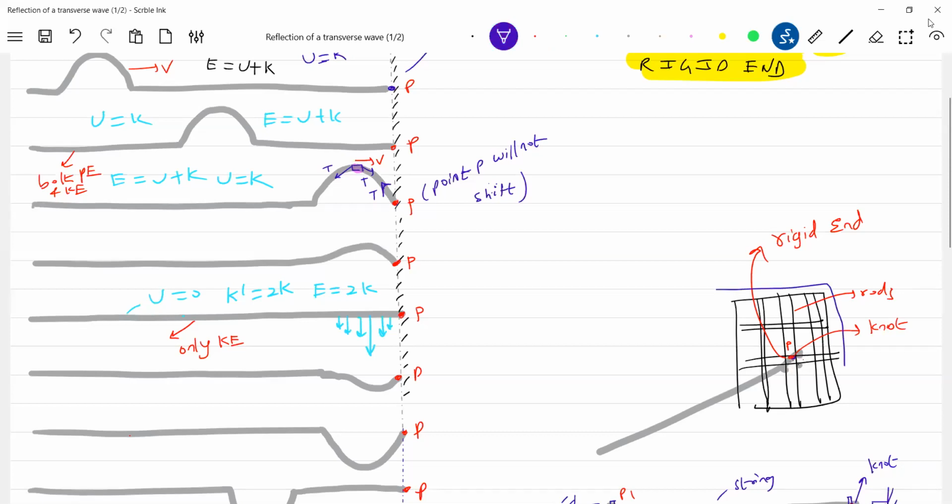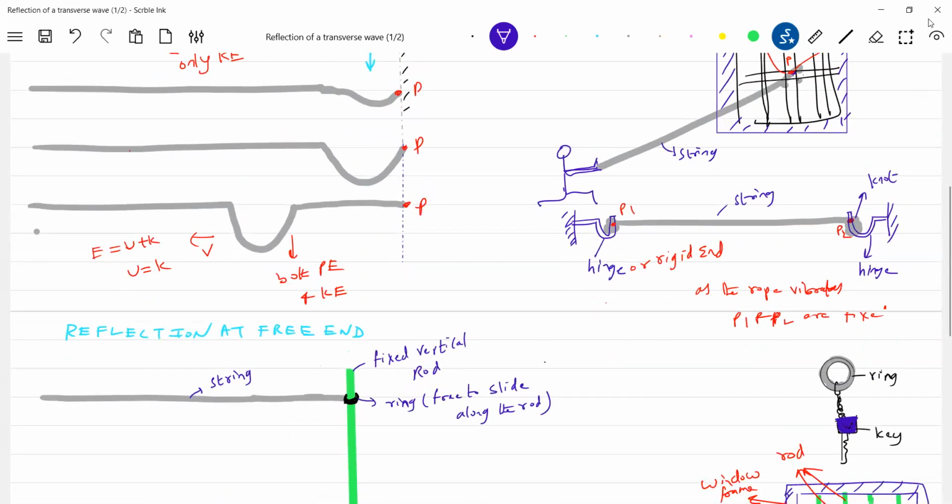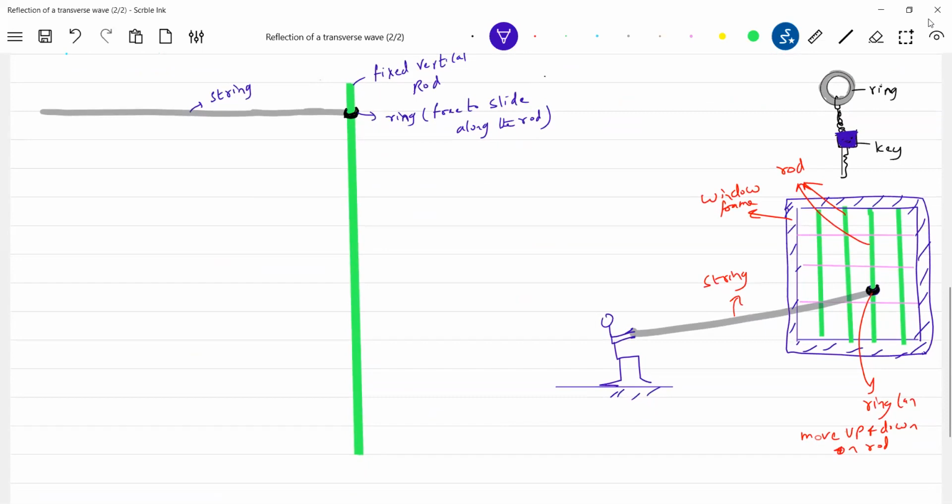Okay, I think I have a similar thing, so that will be easy for you. Okay, let's get into it, got the idea, no? So let's discuss. What do you mean by reflection at free end? The end of the rope is connected to a ring on a rod and it is free to move.